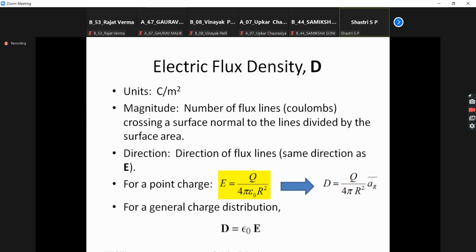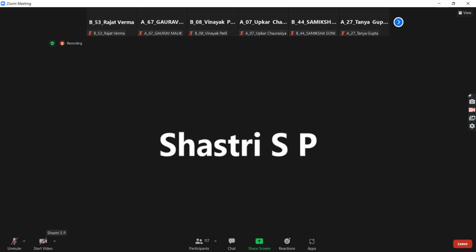Okay, electric flux density. So we have got the idea about what? The flux density. Now, what I will do, share presentation.